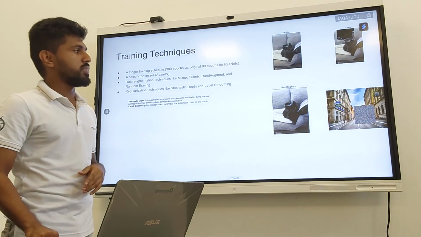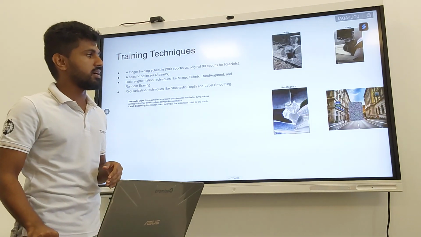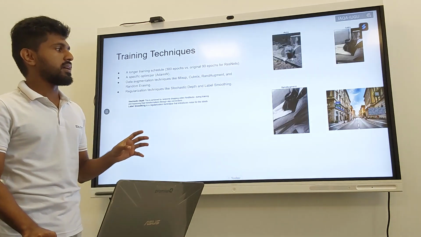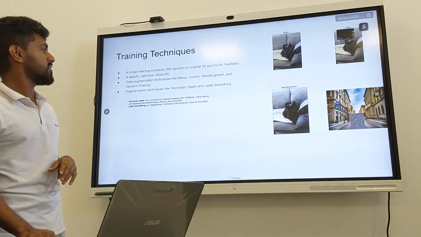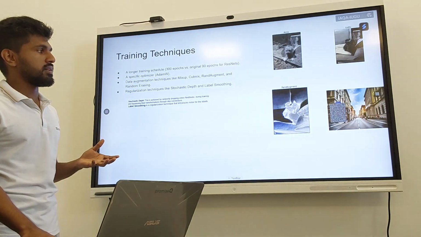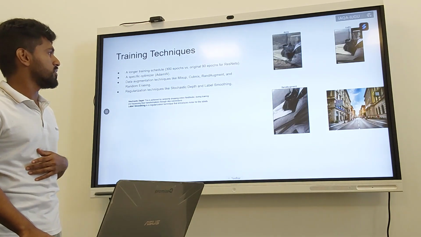In random augmentation and random erasing they take some patches and remove a random number of values from the patch.